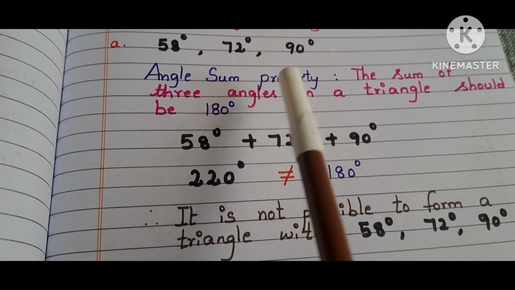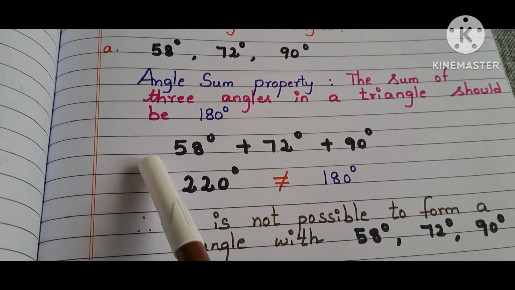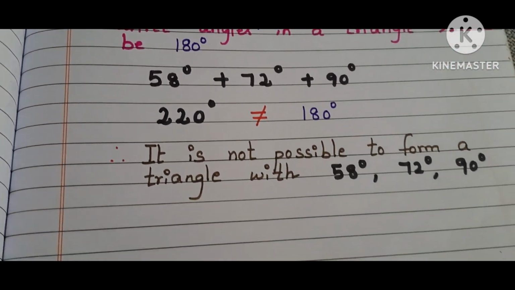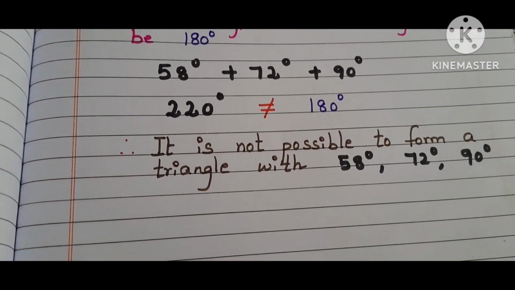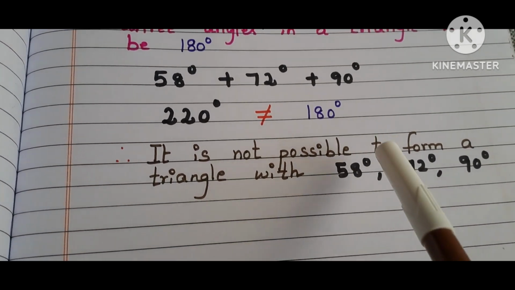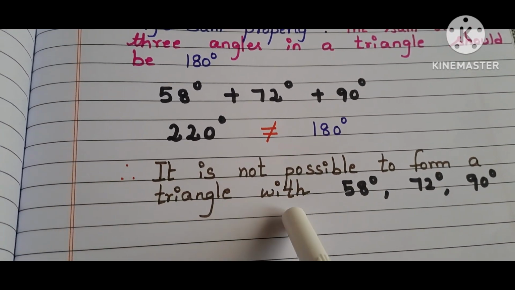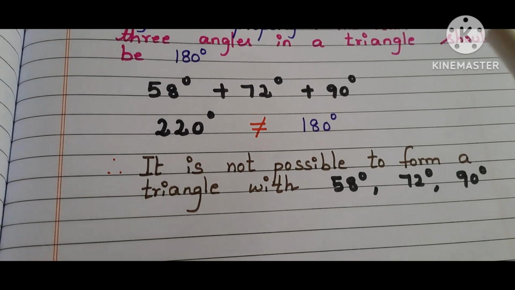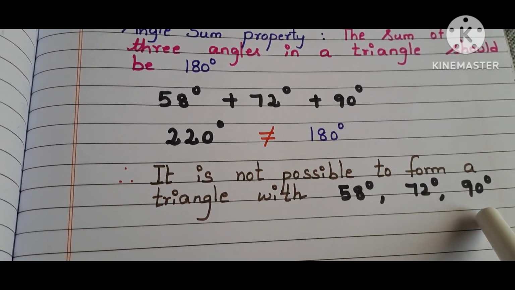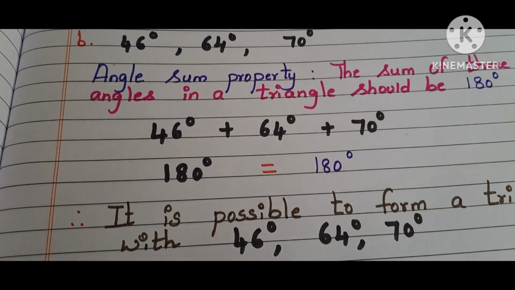So the angle sum property fails in this case. Therefore, we can conclude that it is not possible to form a triangle with the given measurements 58 degrees, 72 degrees and 90 degrees.